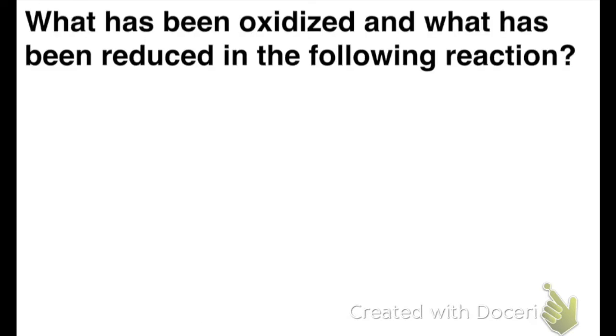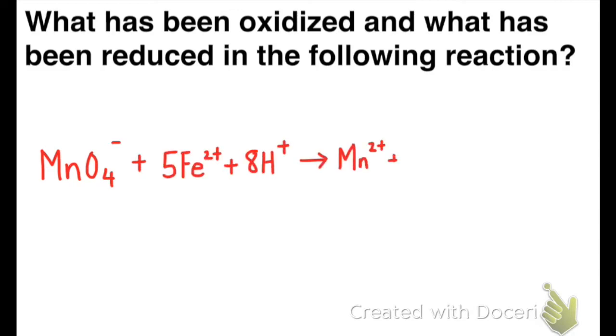What's been oxidized and what's been reduced in the following reaction? A slightly more complex reaction. The permanganate ion, MnO4-, reacting with Fe2+, to give us Mn2+ plus Fe3+, and a few other bits and bobs to balance the reaction. We're going to focus on Mn and Fe. On the left-hand side, in MnO4-, each oxygen is -2.